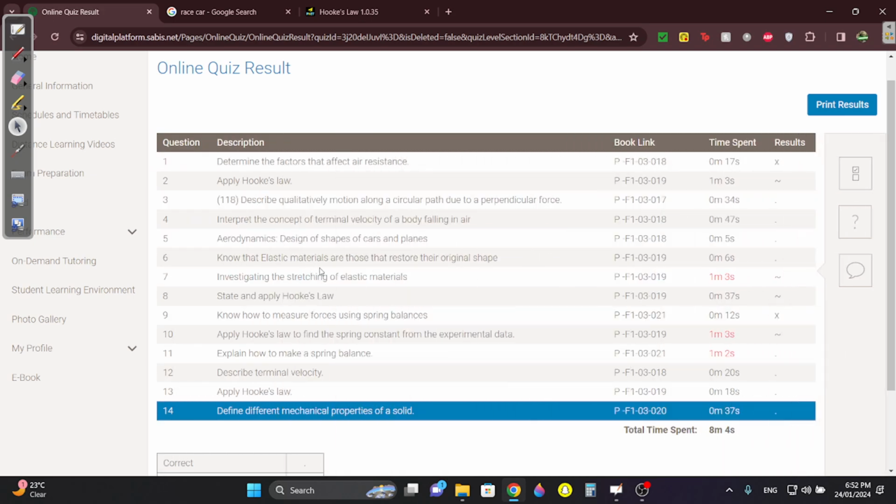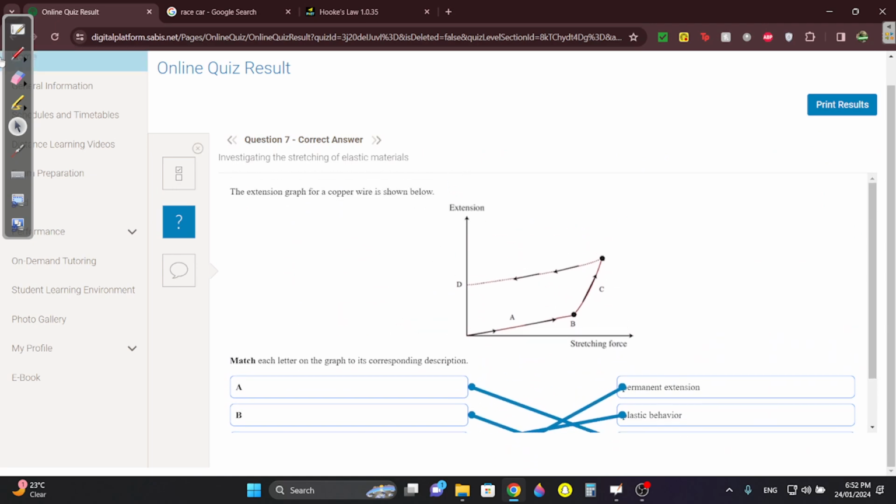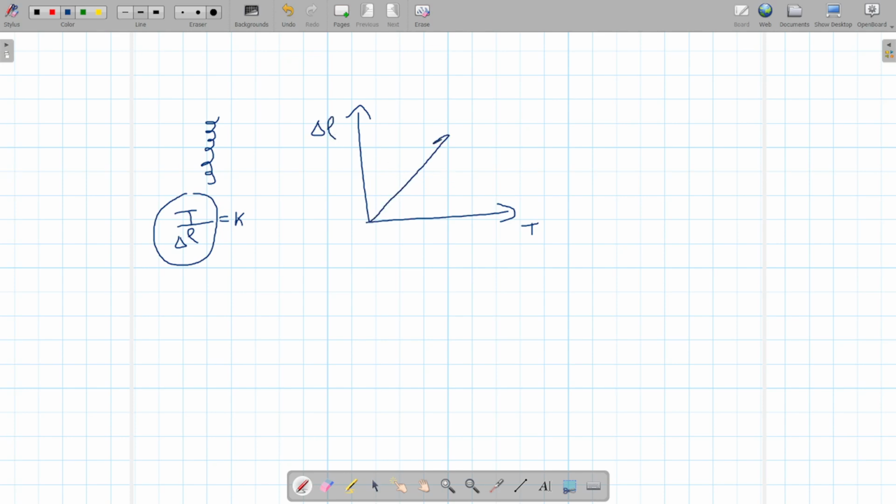Now, question 6. With Hooke's law, we had T over delta L equals K, right? So that means T and delta L are directly proportional. So T is over here and delta L is over here. A direct proportion is a straight line passing through the origin.